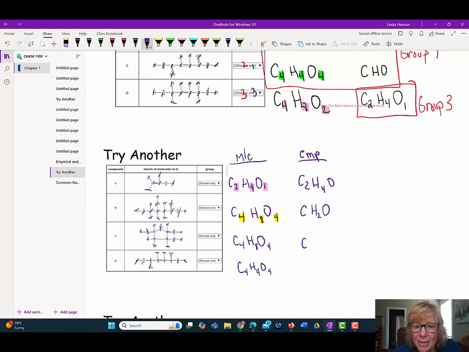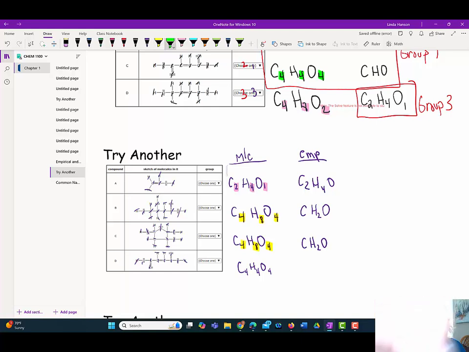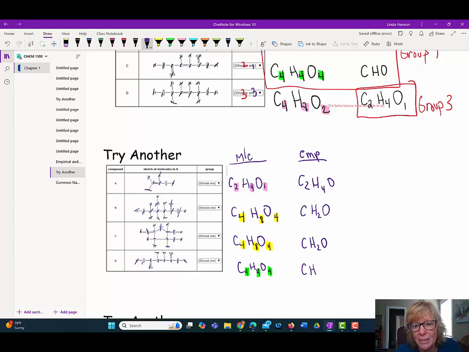And I can do the same thing for the next molecule. Because those are identical subscript ratios, a 4-8-4 is reduced to its simplest form, a 1-to-1. And finally, in this last compound, they're all the same number, so they can be reduced down to subscripts of 1, CHO, the simplest whole number subscript ratio.